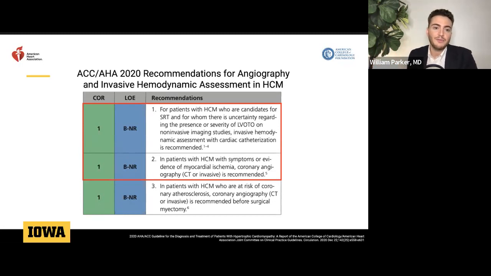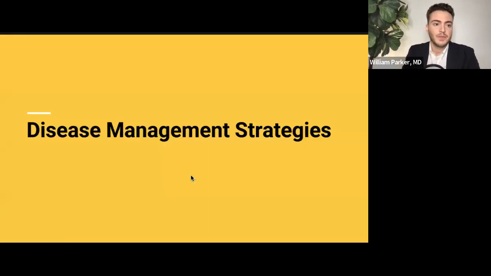And if they have ischemic symptoms, then coronary angiogram can work. Although, if you're just looking for that, a CT coronary angiogram is an equally valid and also non-invasive method.